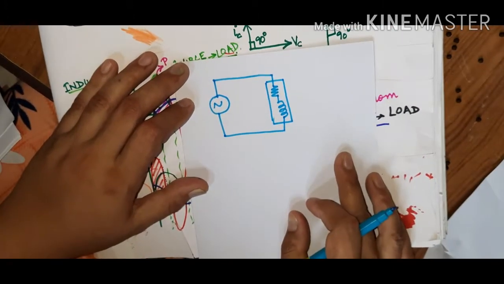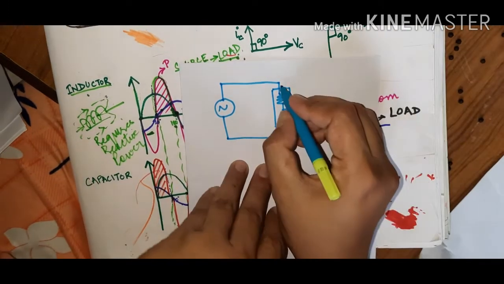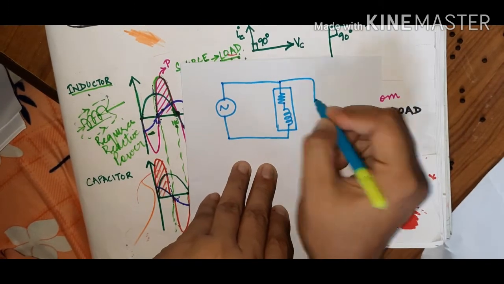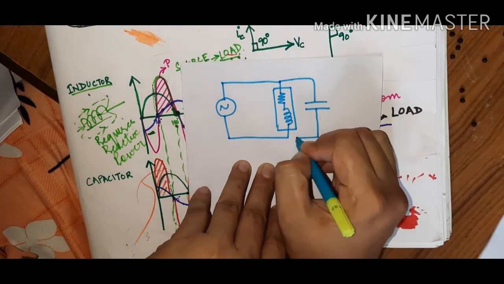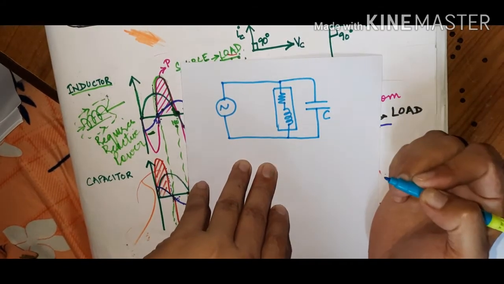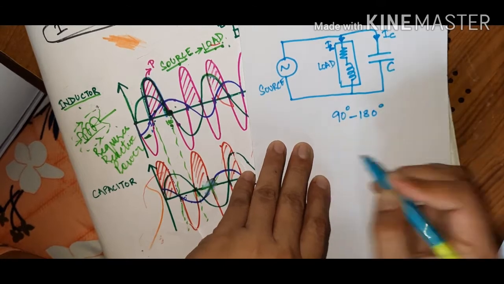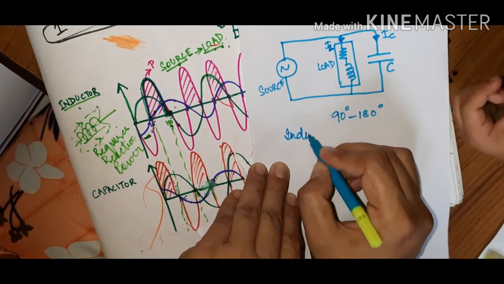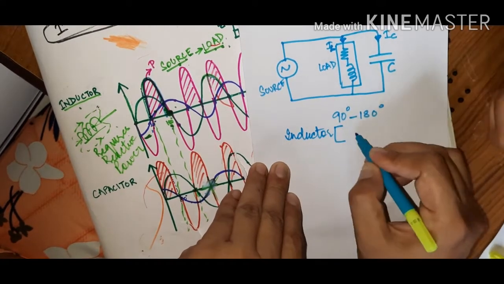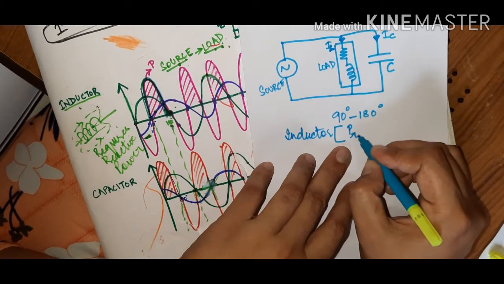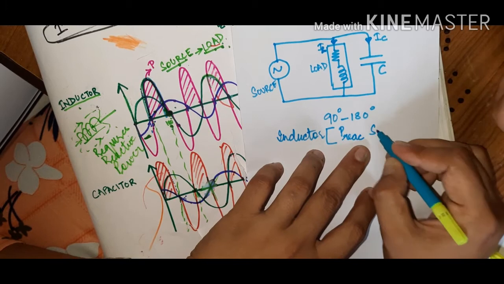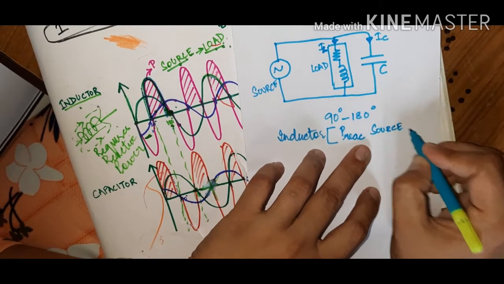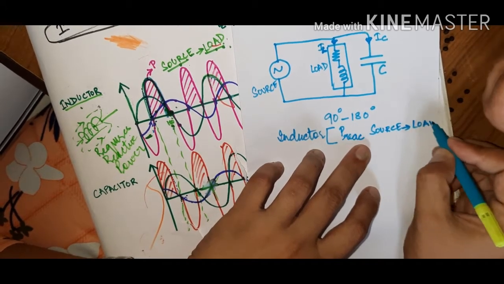So what is happening over here, that is, if you connect a capacitor in parallel with your load: 90 to 180 degrees, in the case of the inductor, the reactive power is flowing from source to the load.